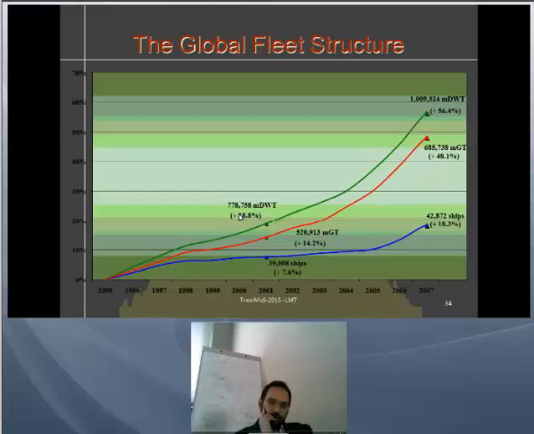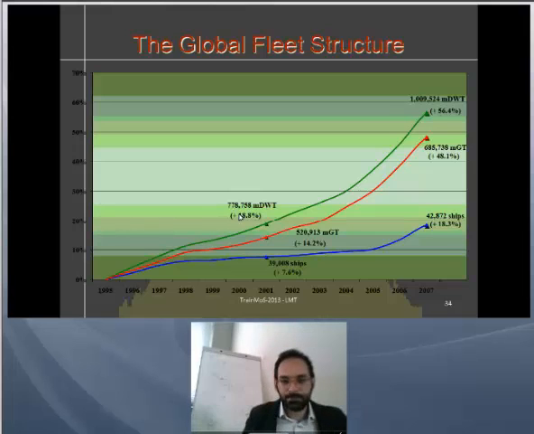So moving on, we can see in this next graph the development of the world fleet in terms of number of ships, in terms of tonnage, and also in terms of deadweight. In the blue line you can see the number of ships, while the red is the tonnage, and the green one is the deadweight.